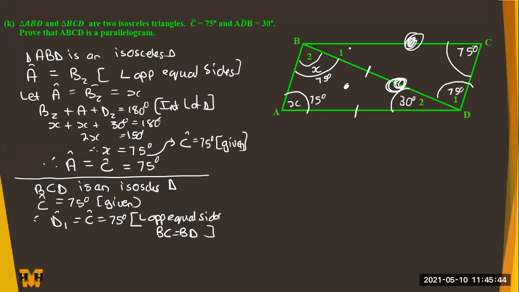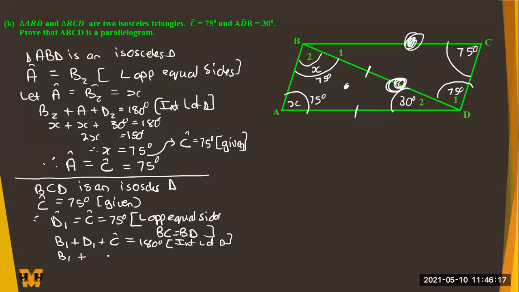Please take note that you can't say B1 is equal to 30 because we haven't proved that it's a parallelogram. So we can't work with that at all at this stage. But now we're just going to work with interior angles of a triangle. So I'm going to say B1 plus D1 plus angle C adds up to 180, interior angles of a triangle.